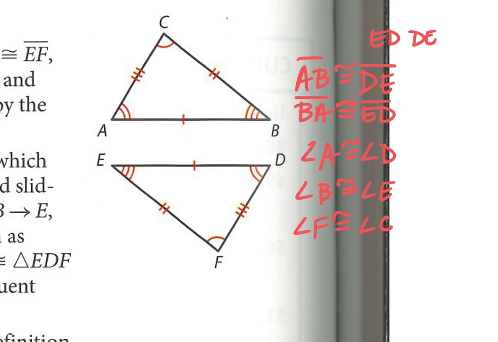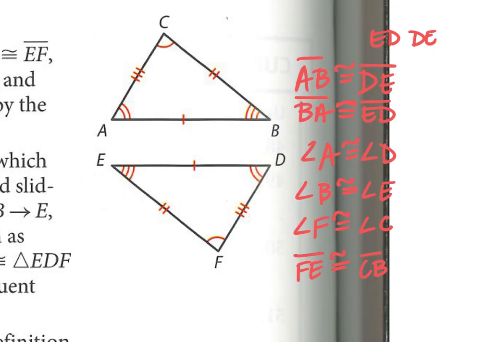Because if I said side FE, what should I say it is congruent to? FE is congruent to what? CB. I can't say BC, because if you say BC, then you're saying that B and F correspond to one another, and they don't.